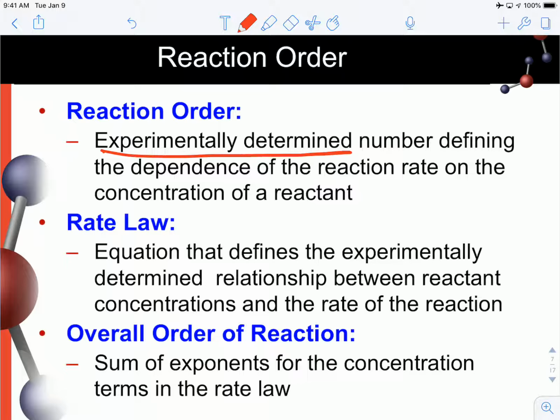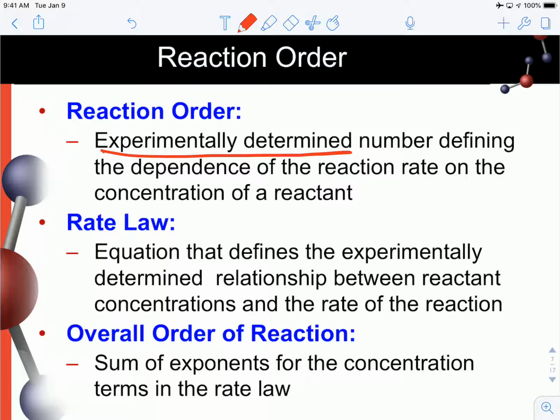It'll become more clear as we go through the chapter, once you get to the end and start to look at mechanisms, then it makes a little bit more sense how you can have different dependence on concentration. So we'll leave it there. You can just accept for right now that different chemical reactions can have different dependence on concentration. That's why it needs to be experimentally determined.